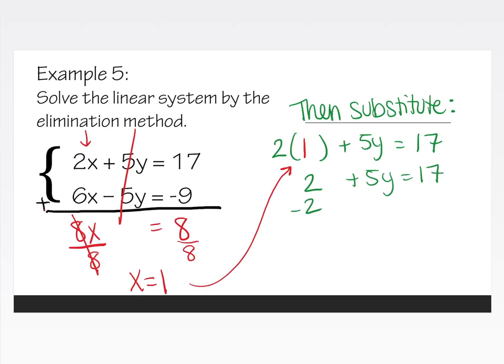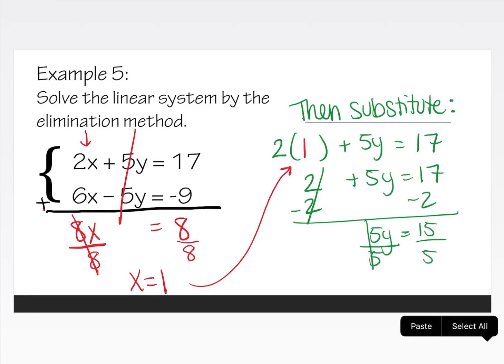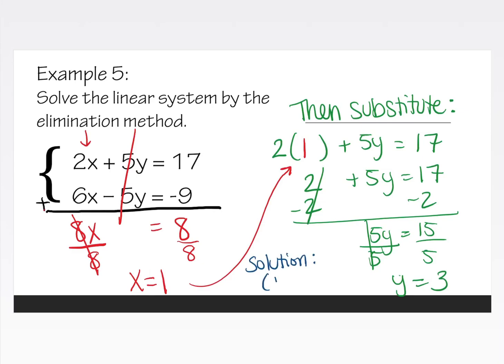We're going to subtract 2 on both sides, and we get 5y equals 15. Divide both sides by 5, and we get y equals 3. So my solution is 1, 3. Perfect.